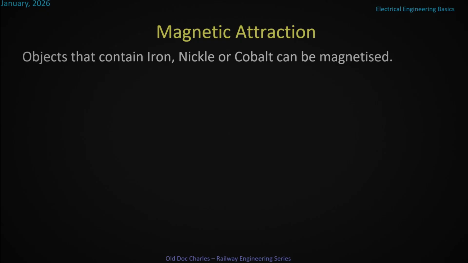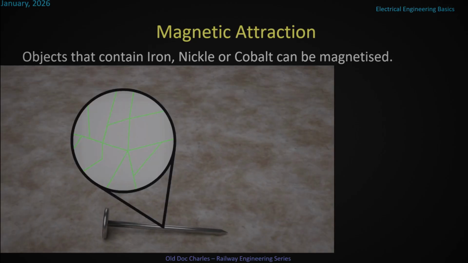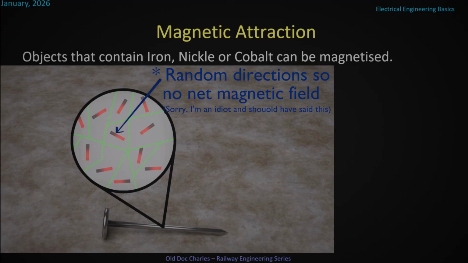Objects that contain iron, nickel, or cobalt can be magnetized. Here we have an ordinary iron nail. If we look at the nail close up, what we see is that the material the nail is made from is divided up into little 3D spaces. Each of these spaces has its own little magnetic field, with a north and a south pole.